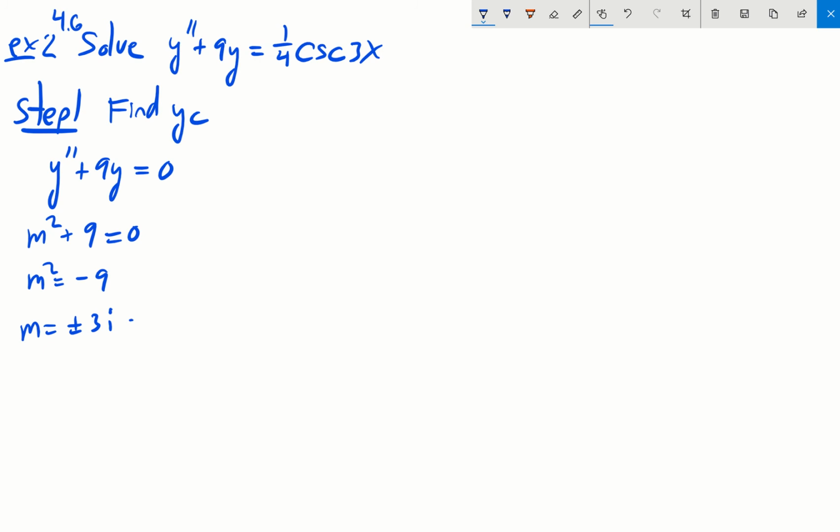So we get a complex solution, of the form alpha plus or minus beta i, and therefore the complementary solution is going to be c1 cosine of 3x plus c2 sine of 3x.